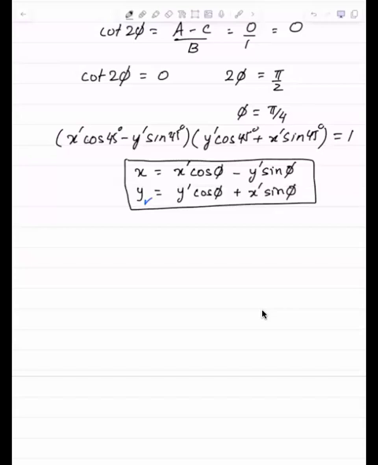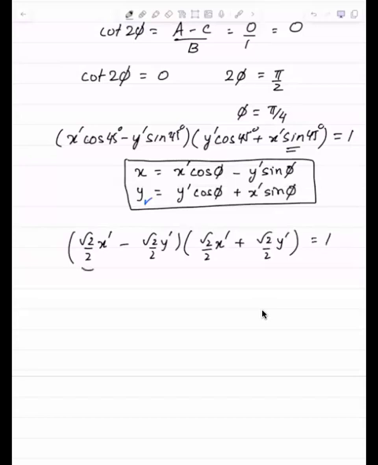We know the cosine of 45 degrees is root 2 over 2. So that's root 2 over 2 x prime minus root 2 over 2 y prime, times root 2 over 2 x prime plus root 2 over 2 y prime, equals 1.